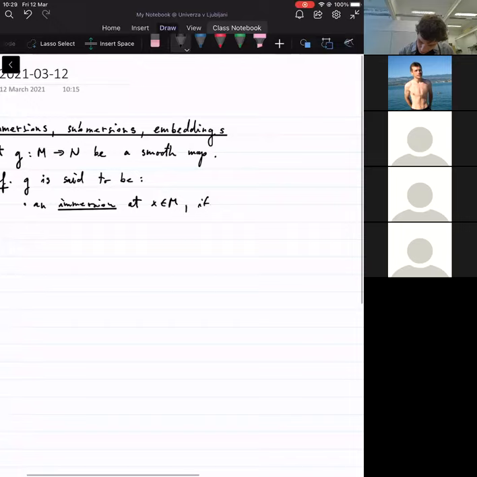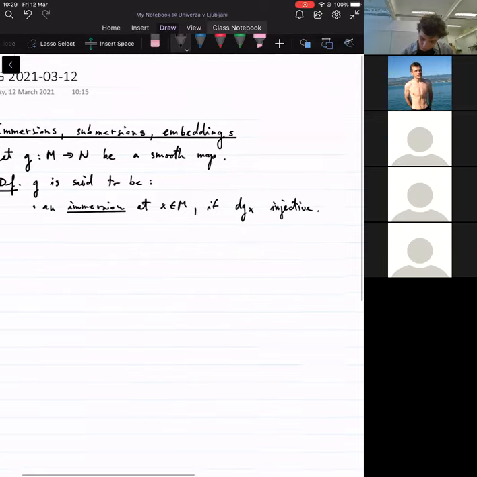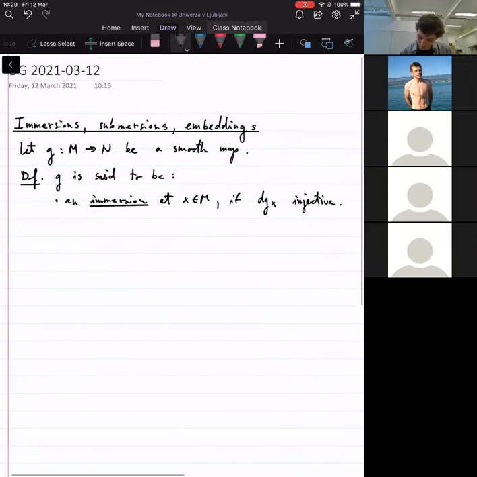Yes. dG_x injective. So this is, of course, a map that goes from T_xM into T_{G(x)}N, right? And it's a linear map, and we may always discuss whether this map is injective or whatever, right?